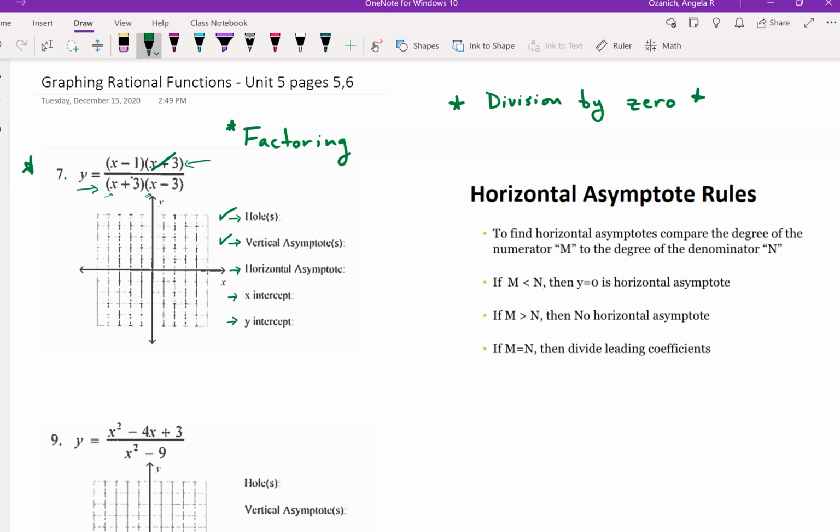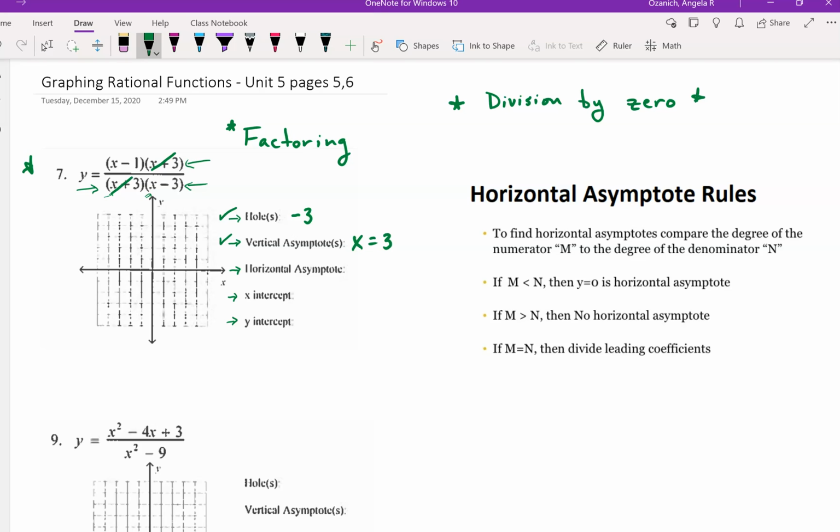Your x plus 3 and x plus 3 can cancel, which means you have a hole at -3, whatever makes that factor equal 0. The leftover factor in the denominator is your x minus 3, so we're going to have a vertical asymptote, and we write that in terms of its equation: x equals 3. So we have a hole at -3 and a vertical asymptote at 3.